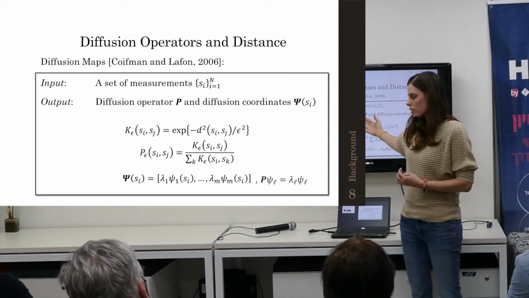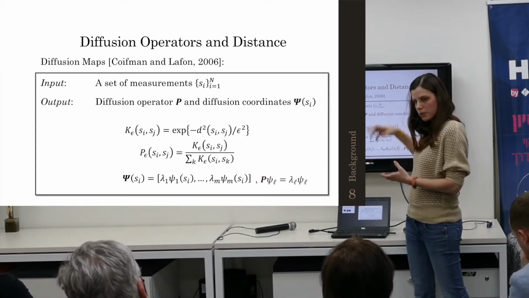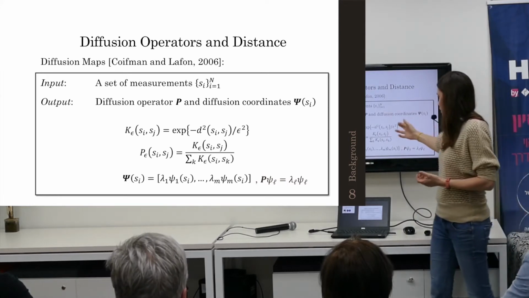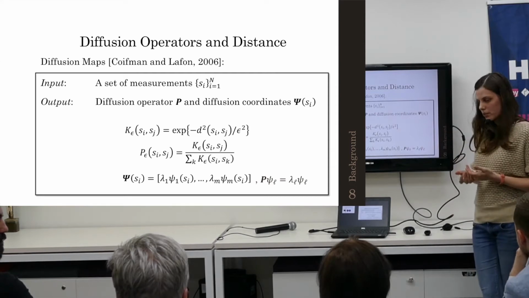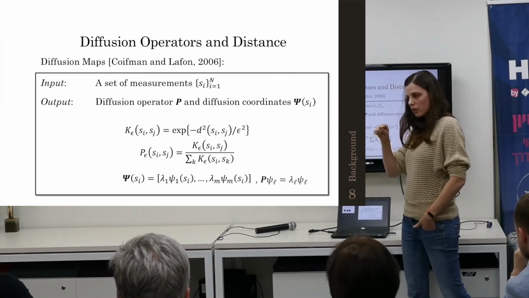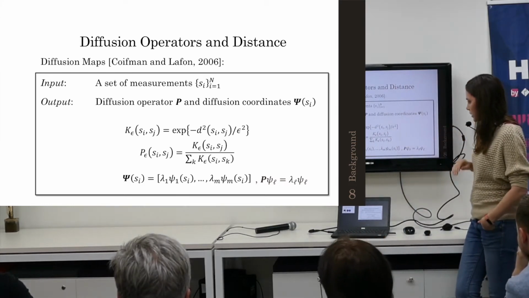P is constructed by constructing a Gaussian kernel based on the distances between all the points, divided by some kernel scale that defines which range of distances we're interested in. And then we normalize this matrix to be row stochastic, meaning that the sum of each row equals 1.